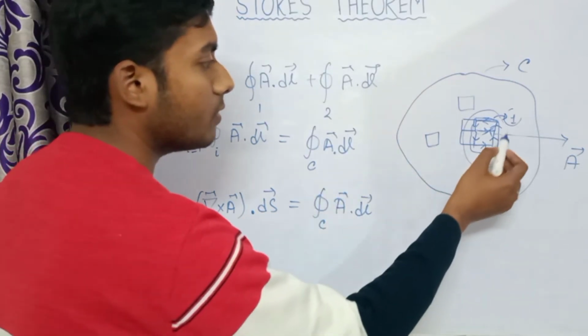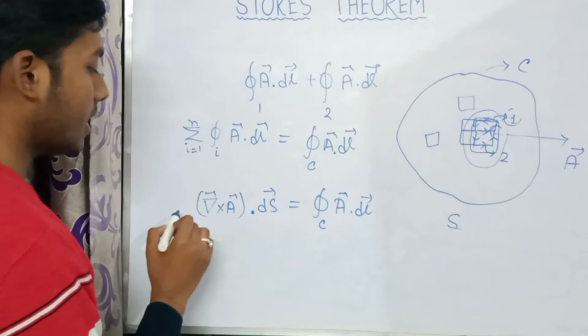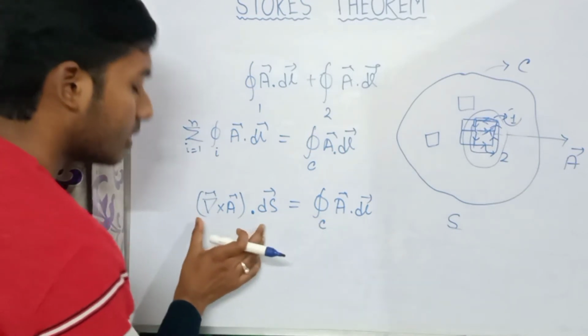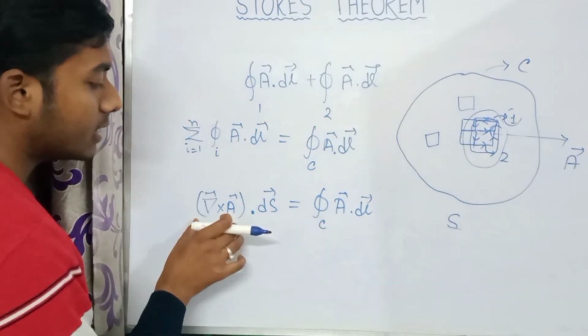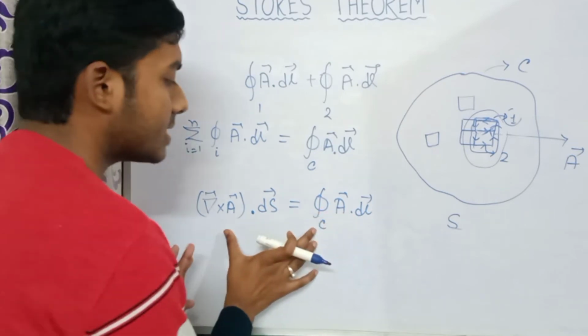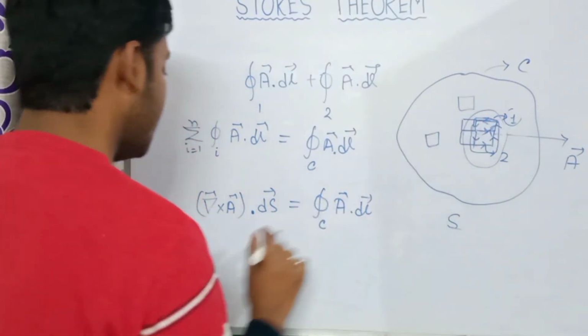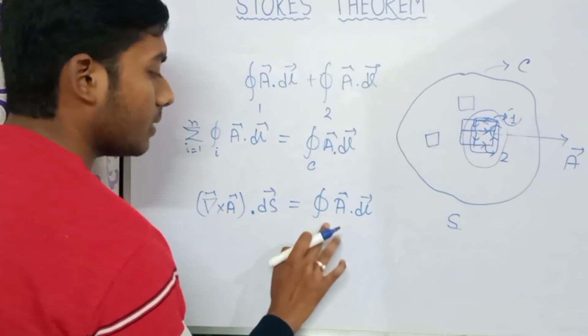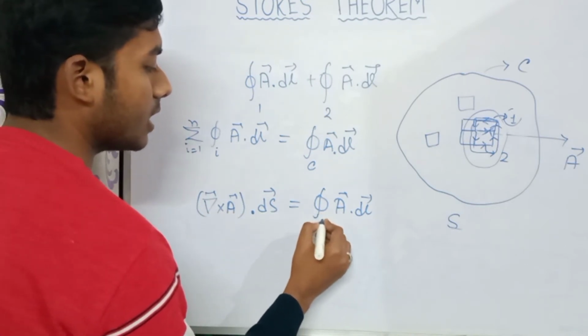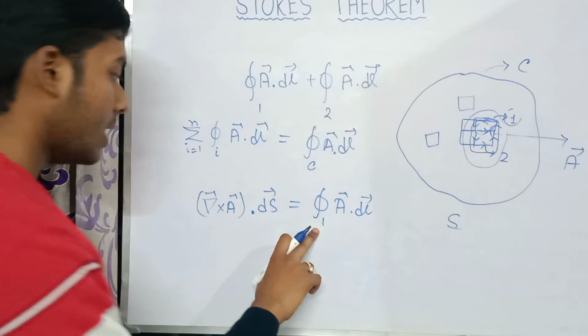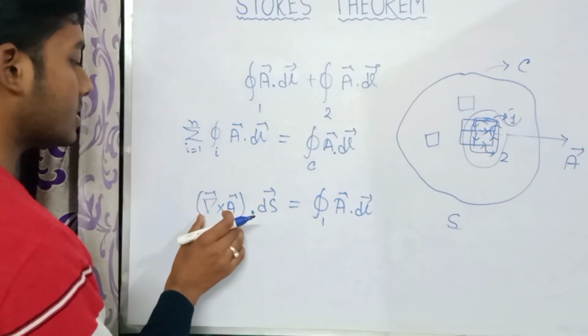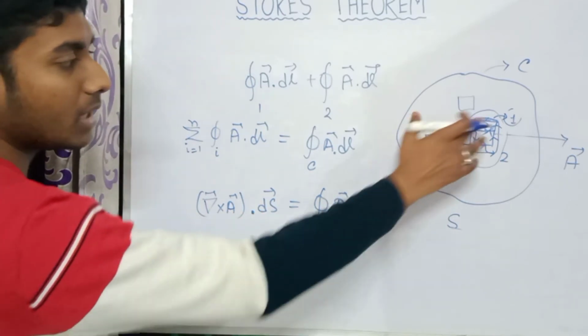So if we apply this equation for path 1, this line integral will be for path 1, and this is also for path 1.